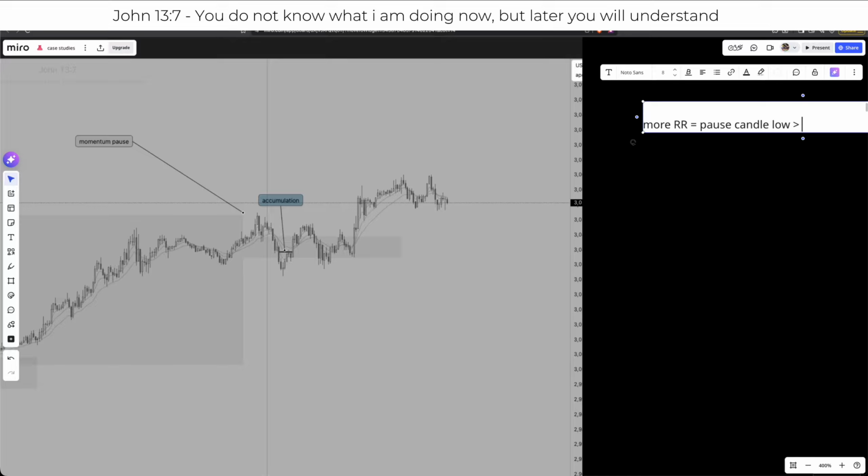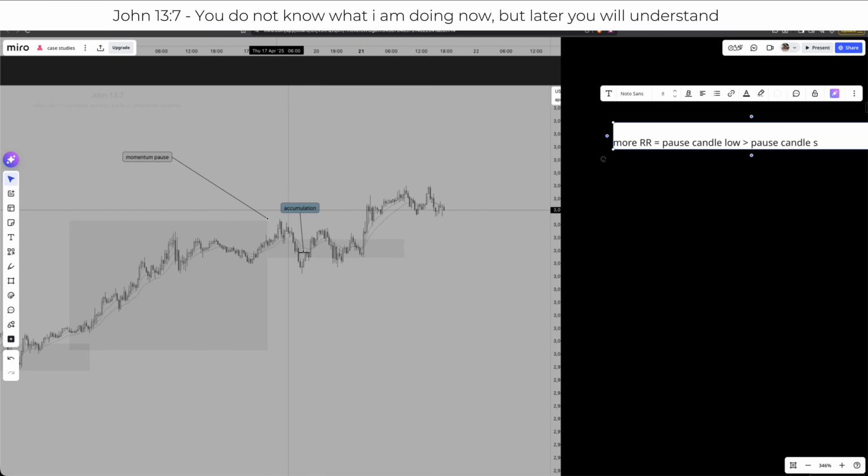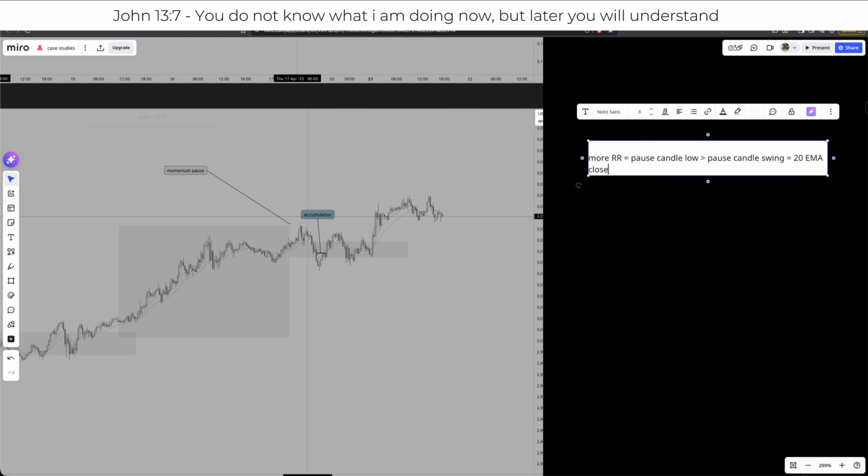No, it would be equal, the pause candle swing, which would be equal to the 20 EMA close, which would be greater than the momentum candle low, right?